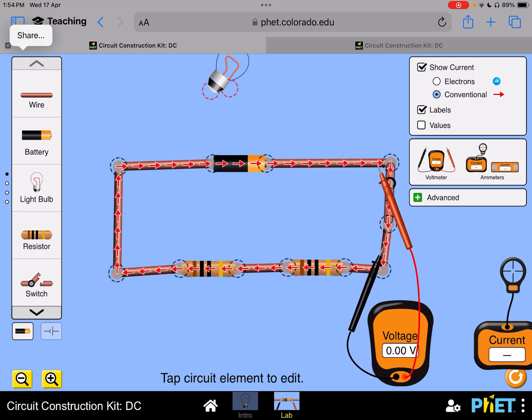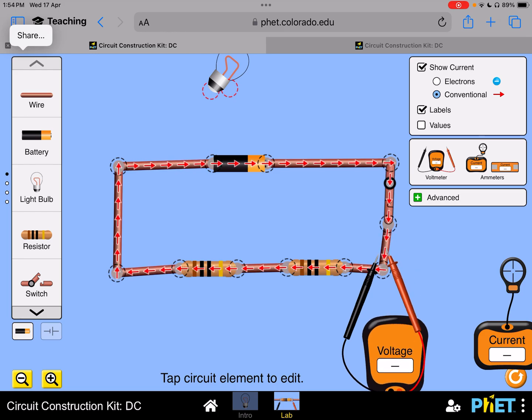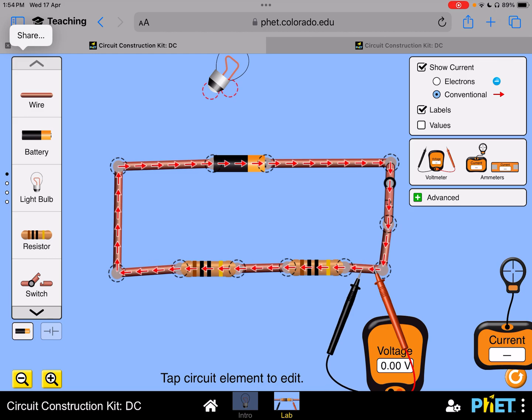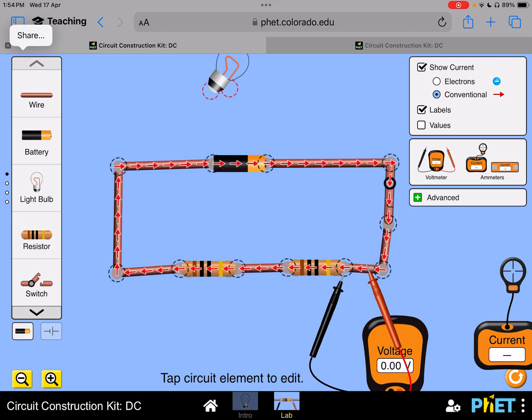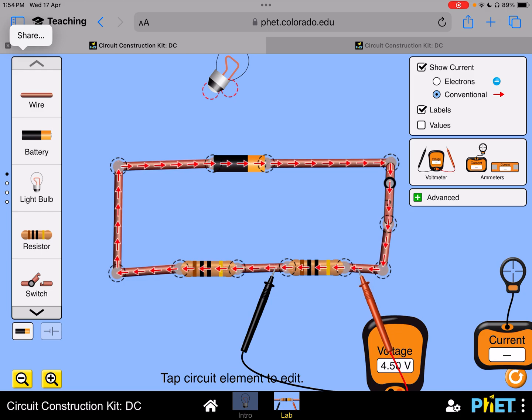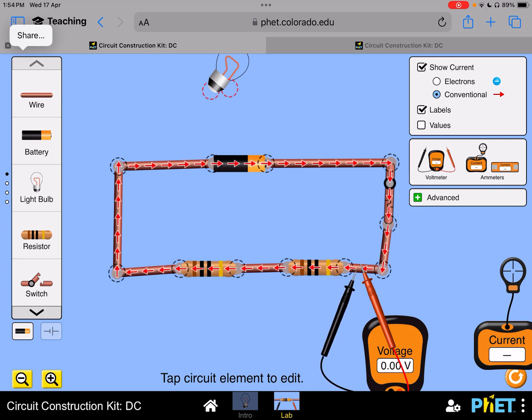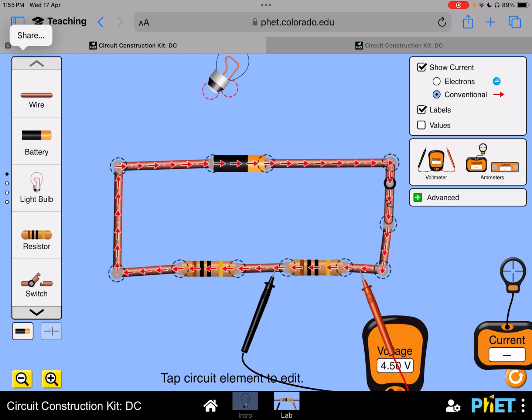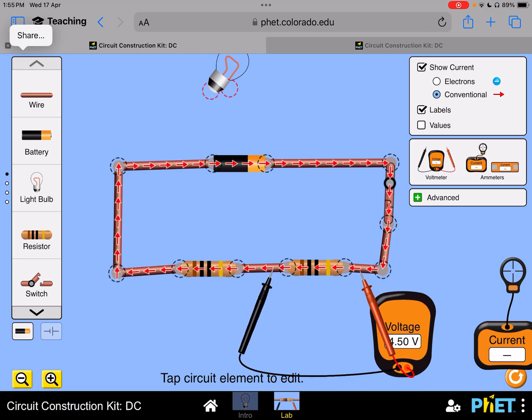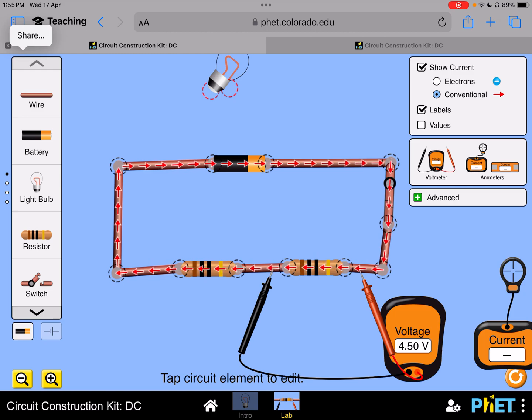So you'll see that it's always zero until I pass through a certain point. You observe that once I pass through this resistor, it gives me the potential difference at these two particular points. In this case, it's 4.5 volt for one of the resistors.